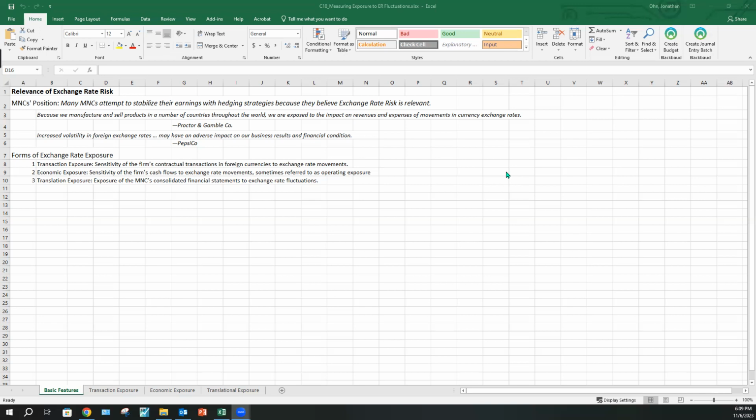Depending on the exchange rate movement, or the forecast movement, the resulting cash flows will be quite different. You'll see that in our example.